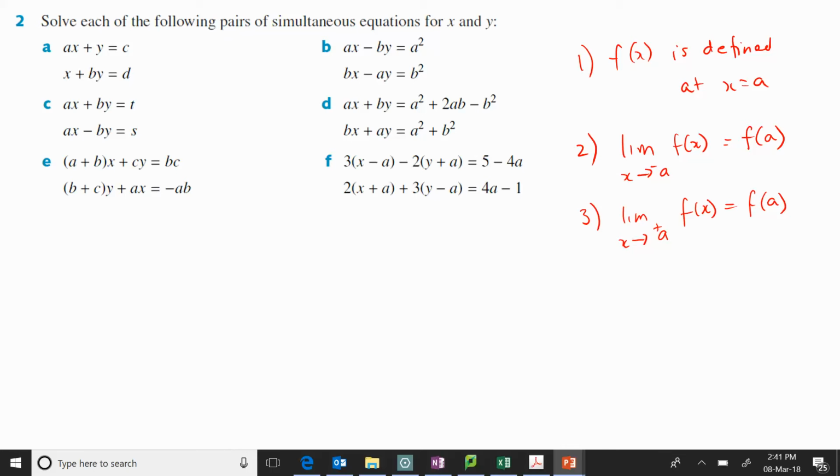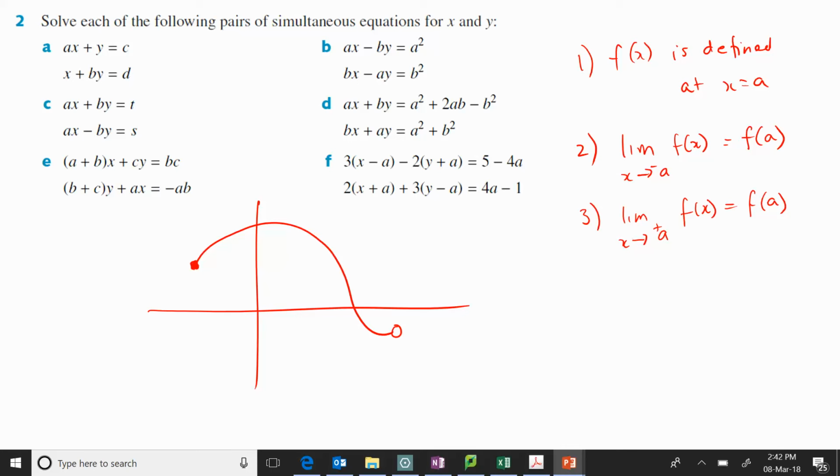By this definition, the question is, what happens when you have an endpoint? If we do it like this, then technically we know that every single point is defined at this moment. Every single point we can say it approaches something. The only question we have is the endpoints.